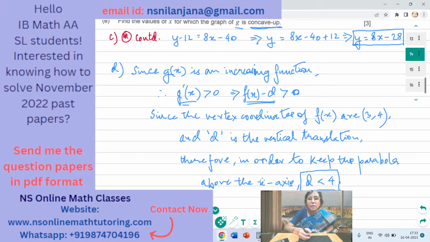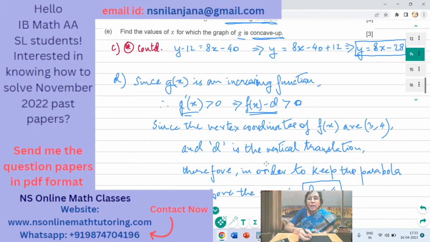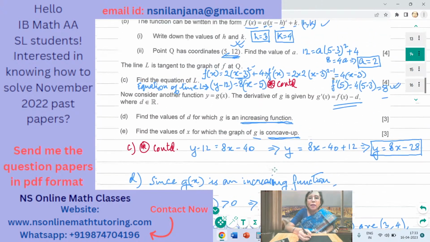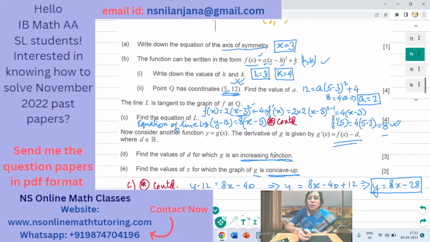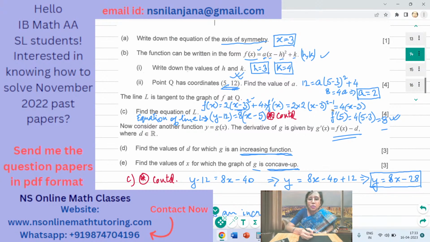So let us do that. g dash x equal to f of x minus D. And what is f of x? It was 2 times x minus 3 whole square plus 4. Okay.